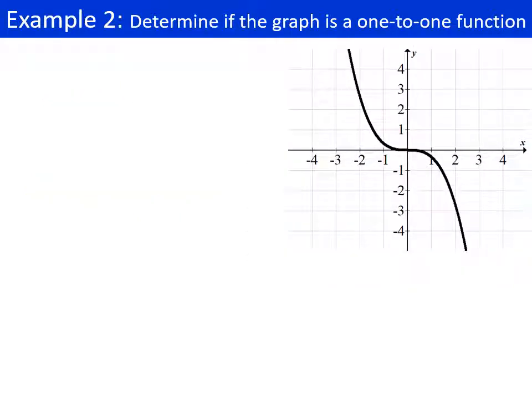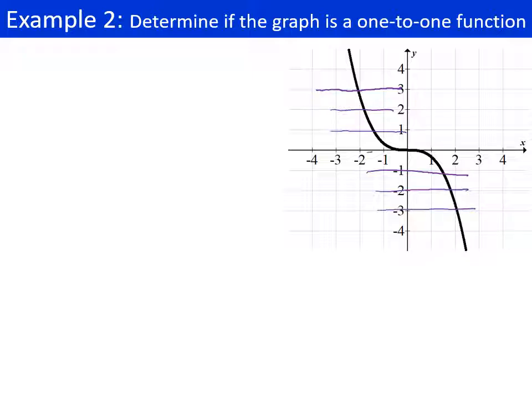Similarly, by the vertical line test, if I put a vertical line anywhere on this graph, it's going to touch in one spot. Therefore, the vertical line test tells us that is a function. Is it one-to-one? Here is a horizontal line, and another, and another.